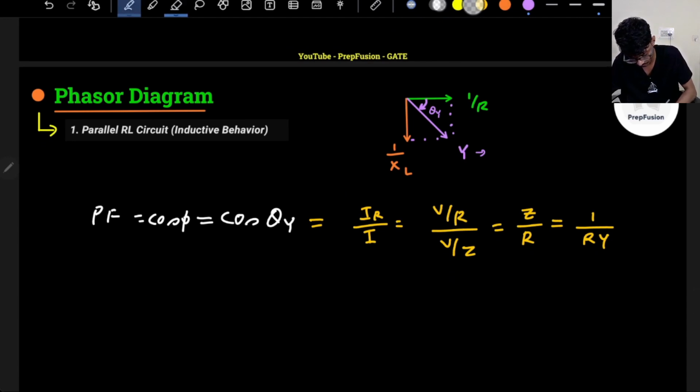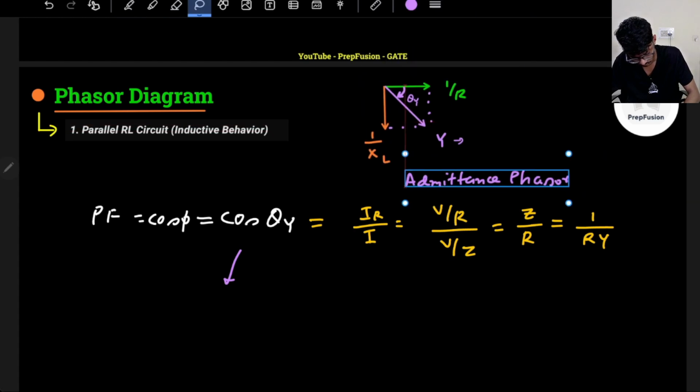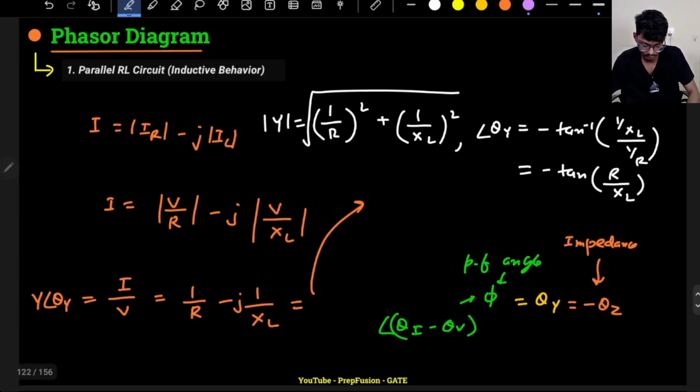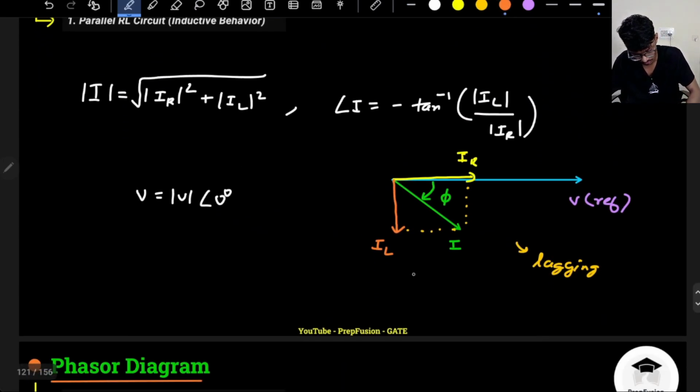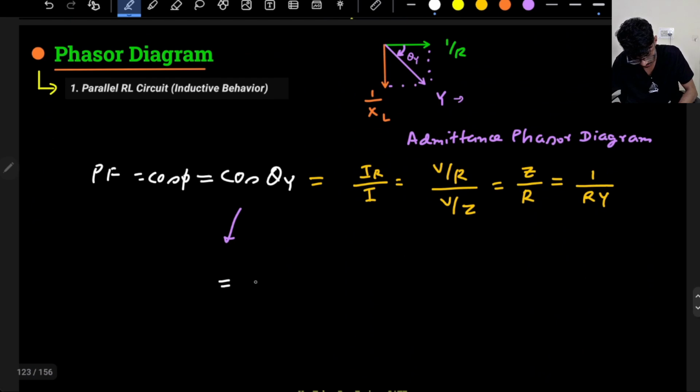So cos of theta Y, if I calculate it from this admittance phasor diagram, which is the phasor diagram of the circuit, will be the base upon the hypotenuse. Hypotenuse is Y, base is 1 by R, so it comes out to be R into Y only.